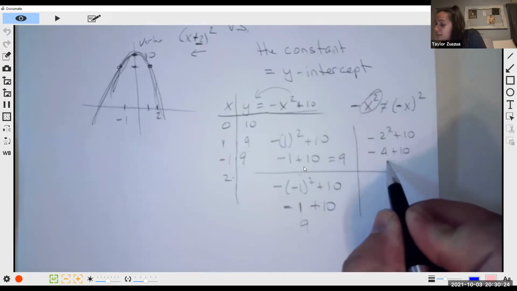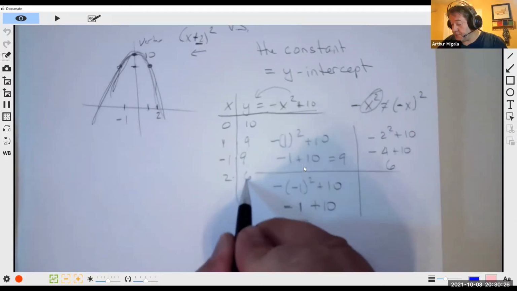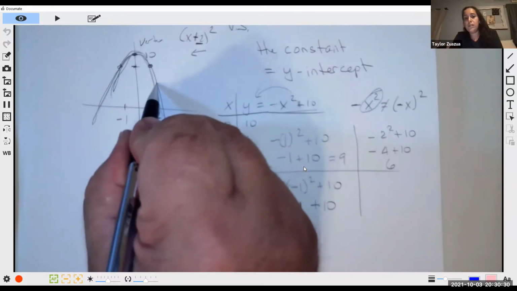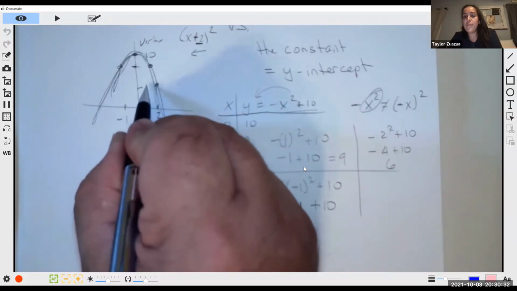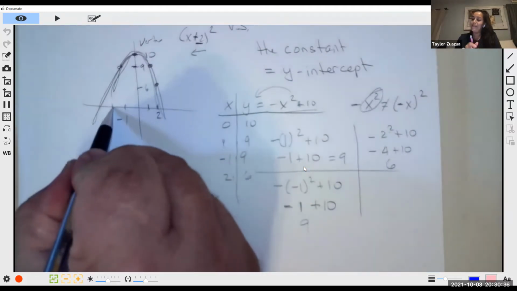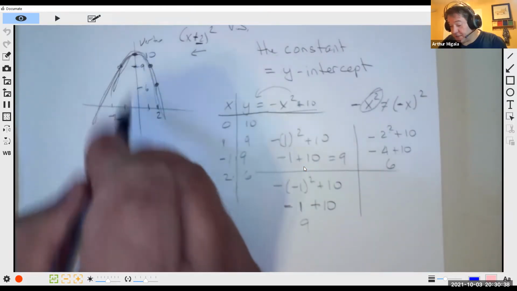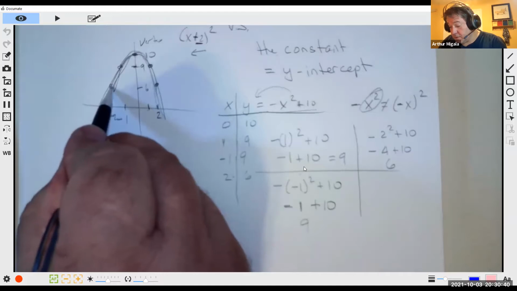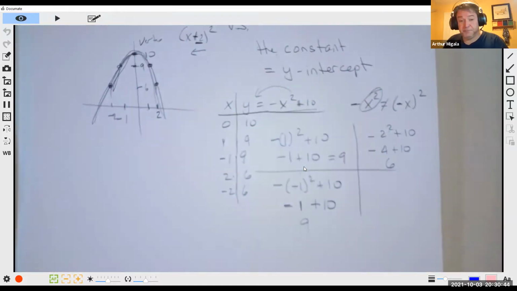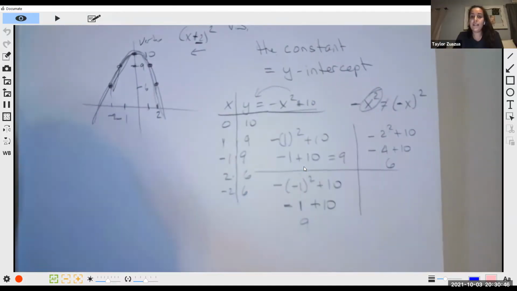The answer is 6. So at 2, it would be 6. And -2, since the vertex is on the y-axis, we know that -2 will give us the same answer because there's no shift.